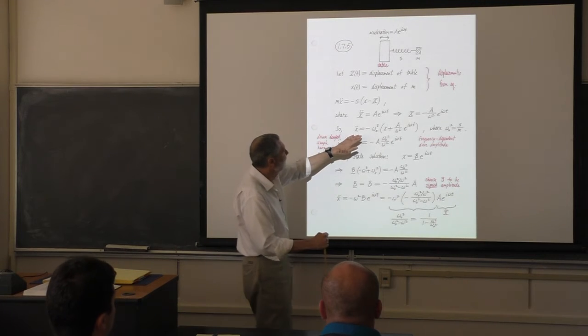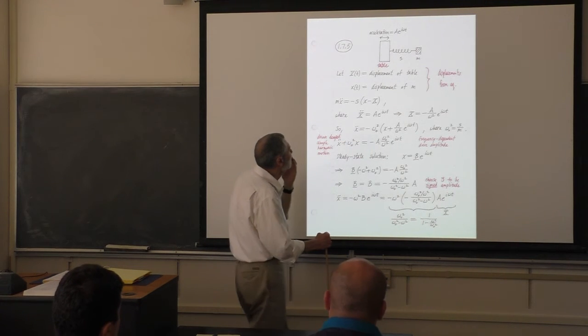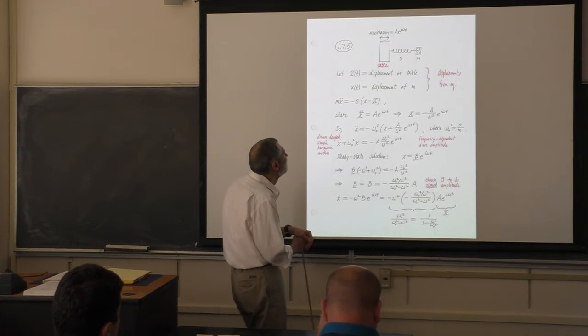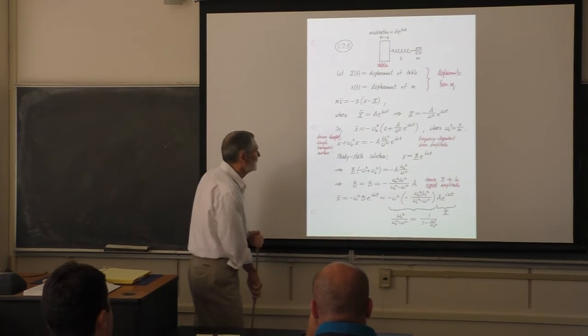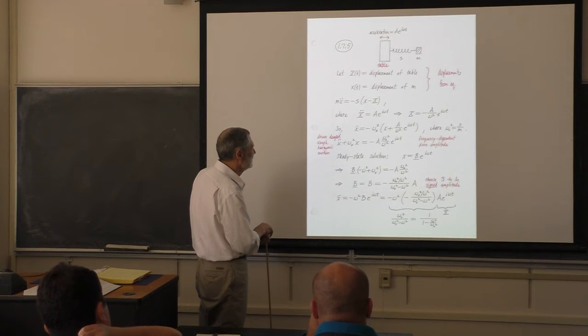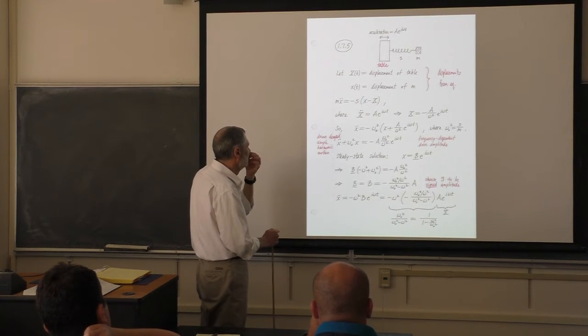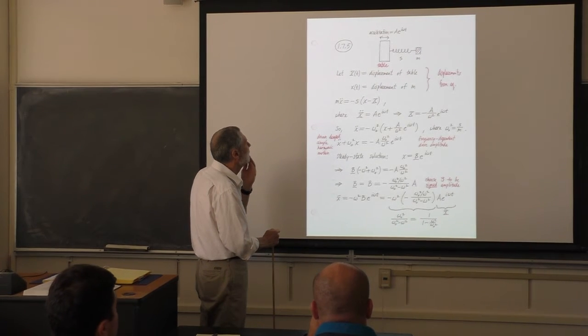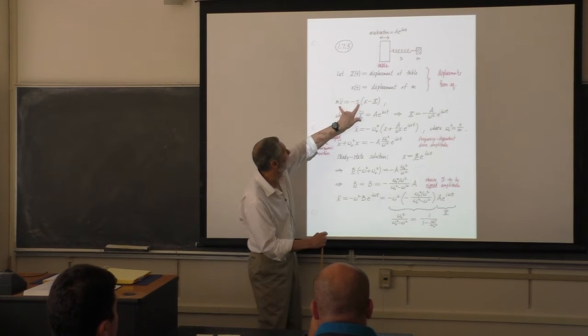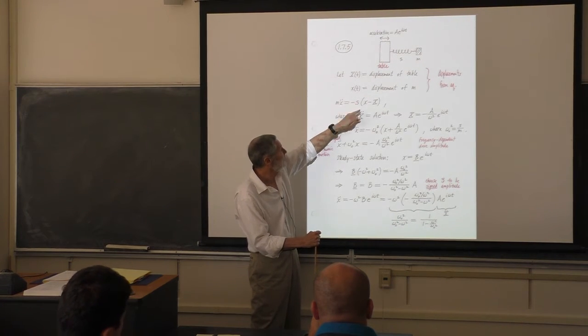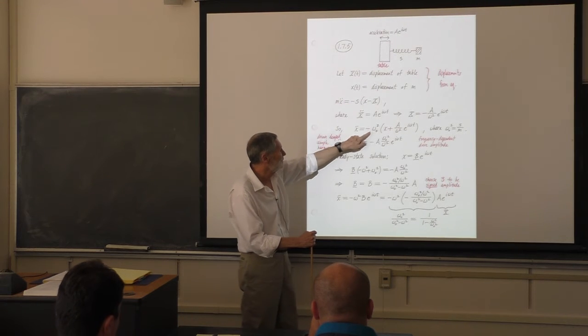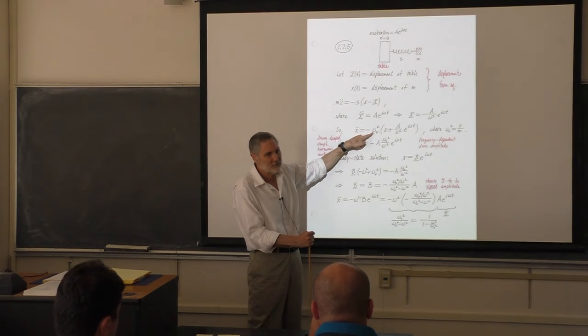Now I've naturally defined s over m, the square of omega naught, to be omega naught squared. That's naturally appeared due to these two quantities, the mass and the spring constant. All that's relevant is their ratio. So I'm going to call that omega naught squared, which is what it is.